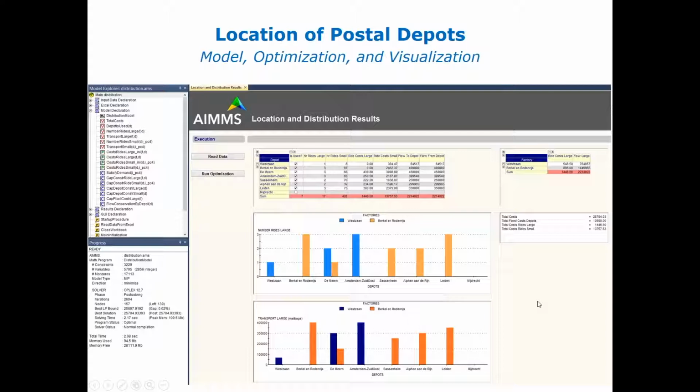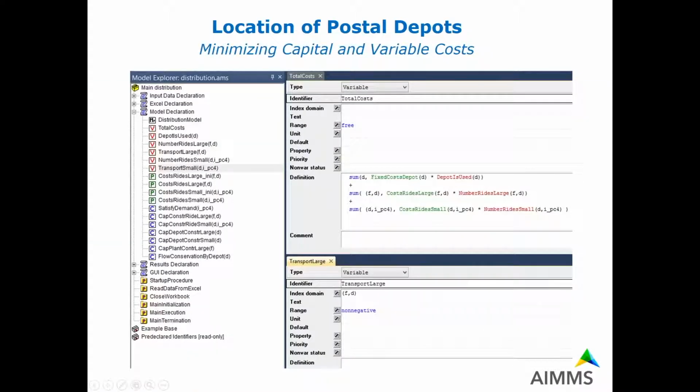In this case, we also have three layers: factories, depots, and then postal codes that need to receive mail bags. But the difference is that the flow from the factories to depots is usually large, and it's measured in number of rides between a factory and the depot.